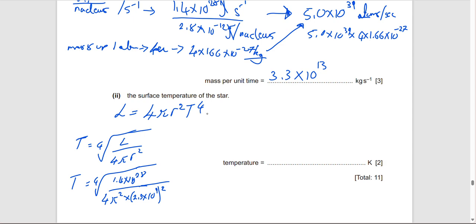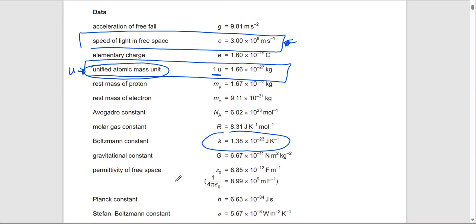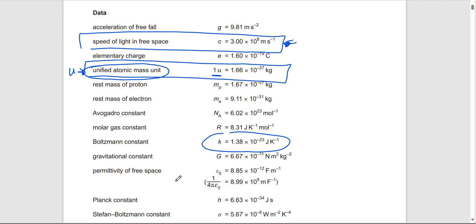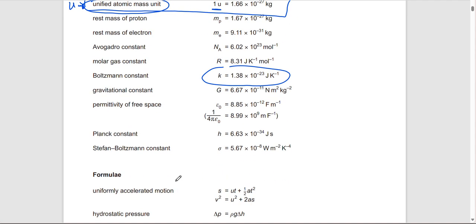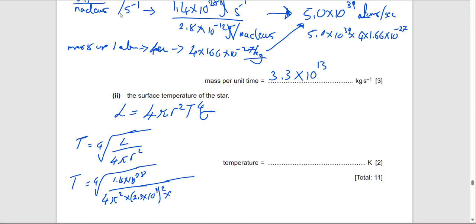And then there's the constant of proportionality, the Stefan-Boltzmann constant, 5.67 × 10^-8.